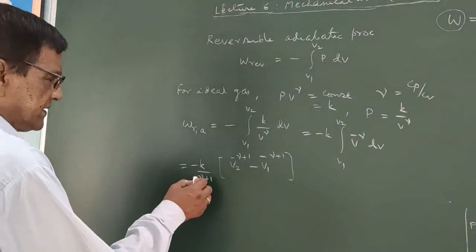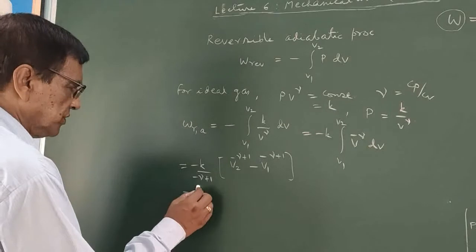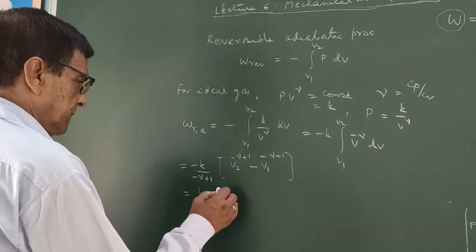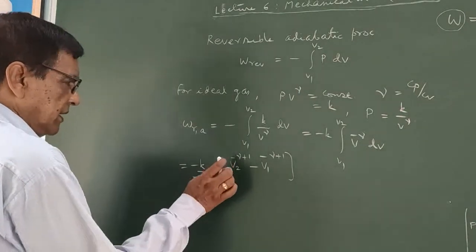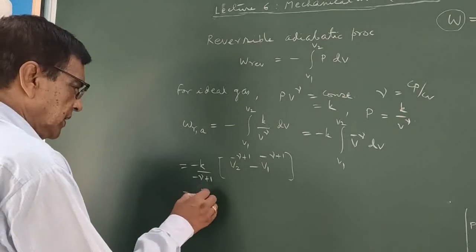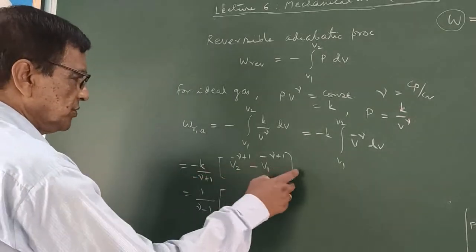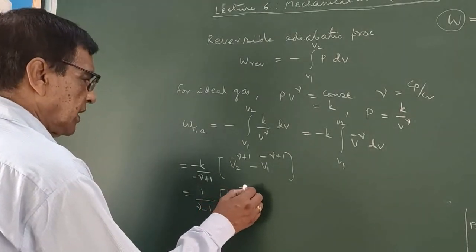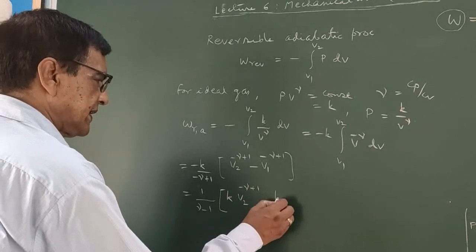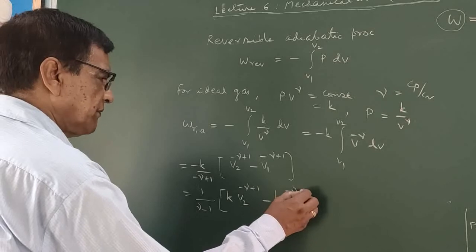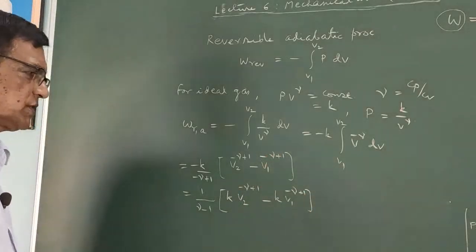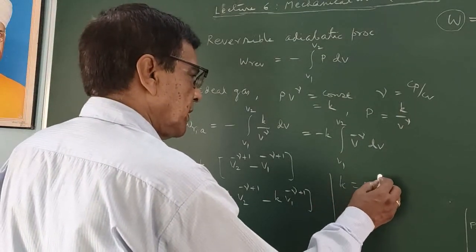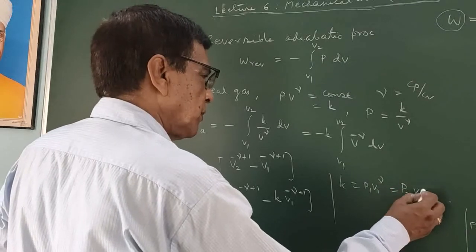And when the minus is made common, this is equal to K divided by gamma minus 1, with K placed within the brackets: K into V2 to the power minus gamma plus 1 minus K into V1 to the power minus gamma plus 1, bracket close. But K equals P1 V1 to the power gamma equals P2 V2 to the power gamma.